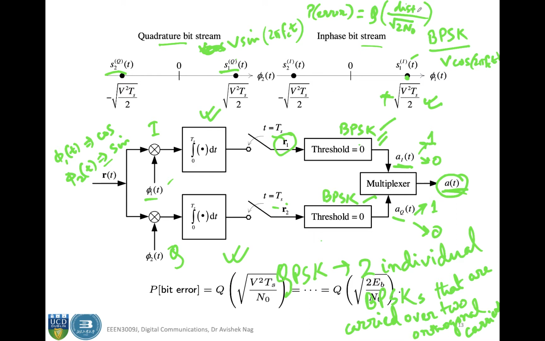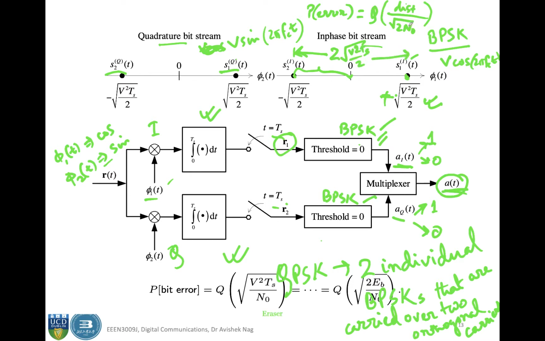Okay, and the distance between the two signals in this representation is this plus this. Because this is 0, this distance is square root of v square Ts by 2, and this distance is also square root of v square Ts by 2. So the total distance is 2 times the square root of v square Ts by 2.